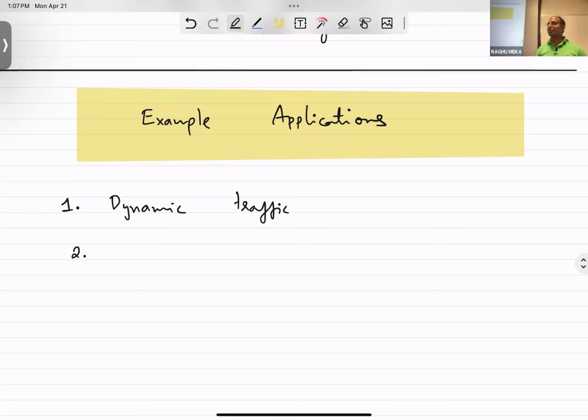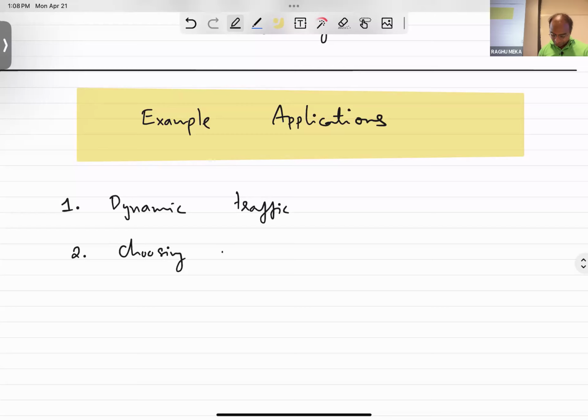Any other applications come to mind where you might face similar scenarios? No guesses? Right. So you can think of basically choosing which option to choose.